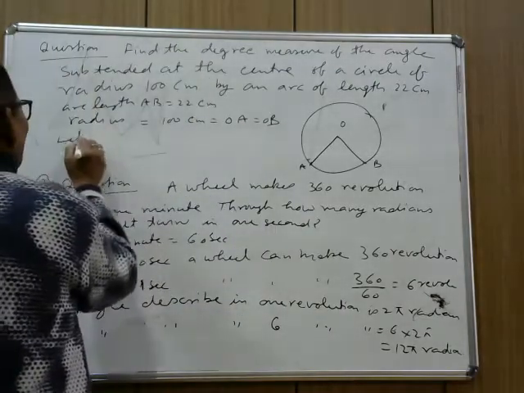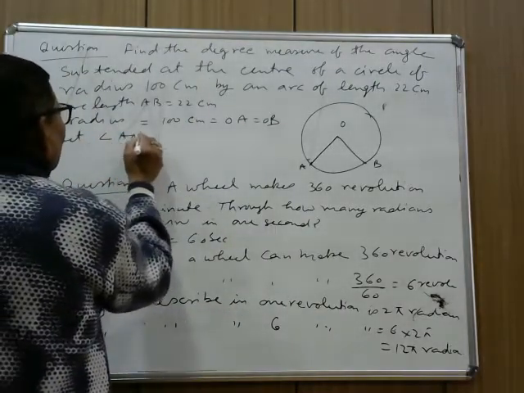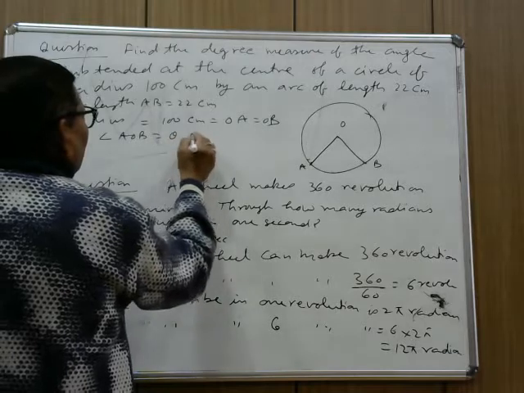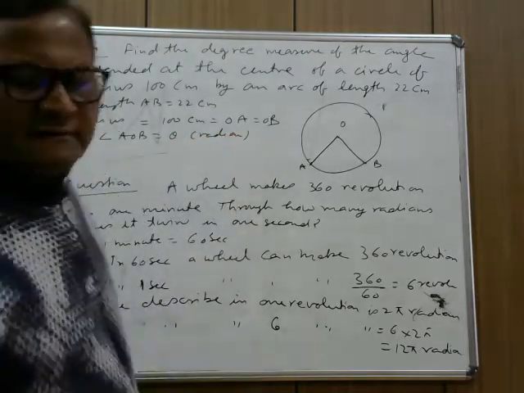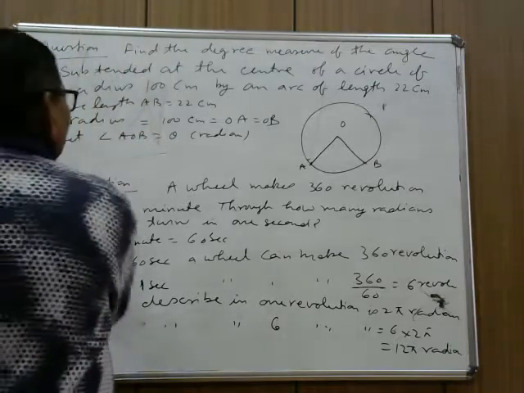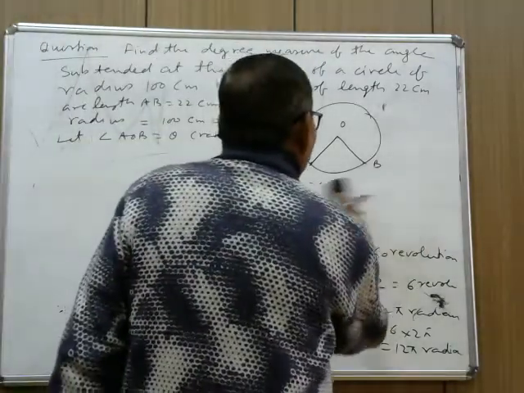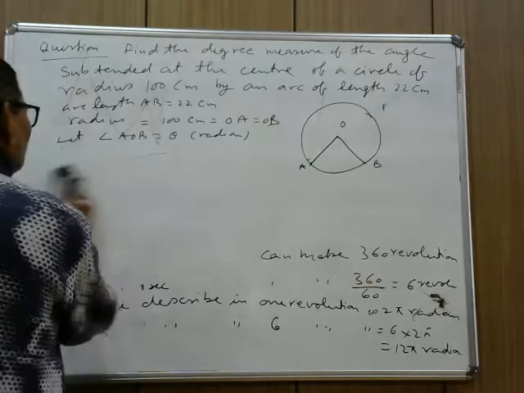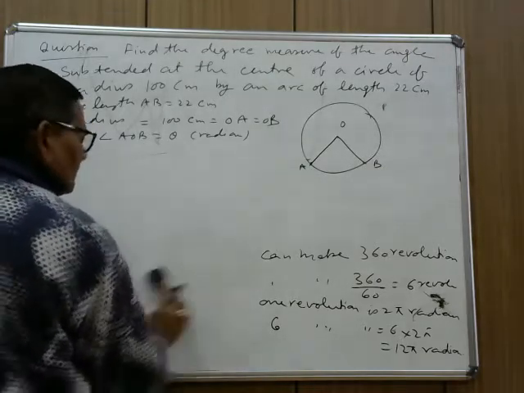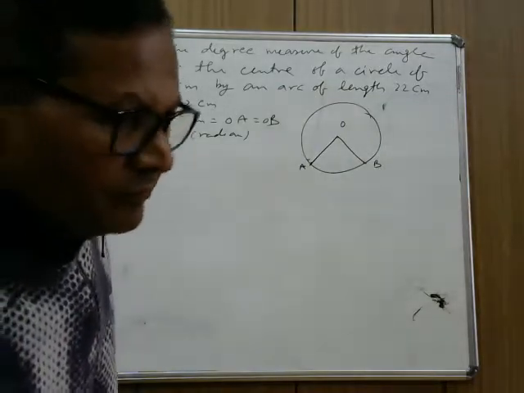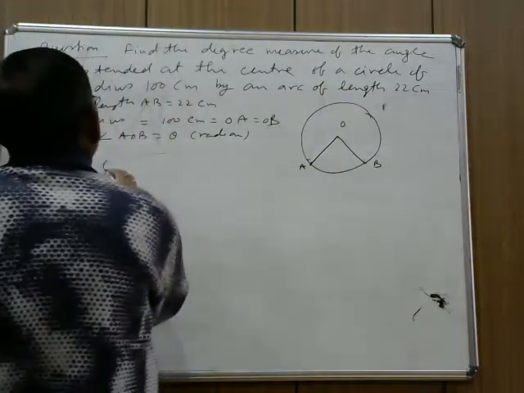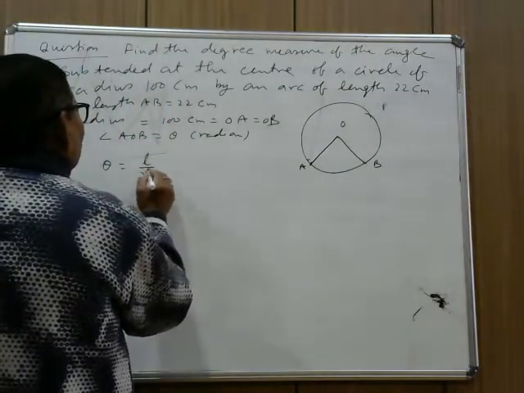Let angle AOB be equal to theta in radian. By the formula, theta equals L by R.